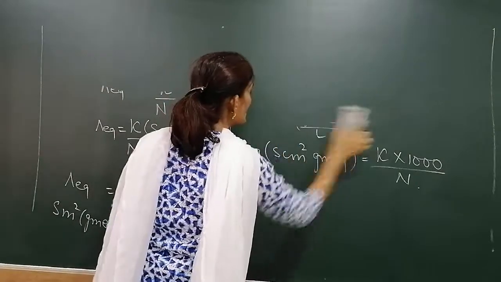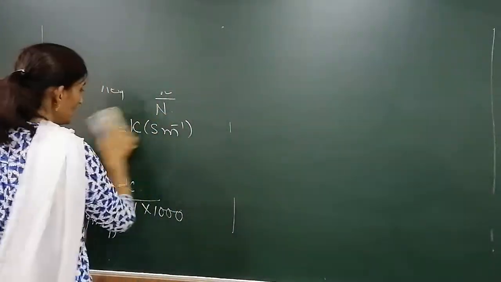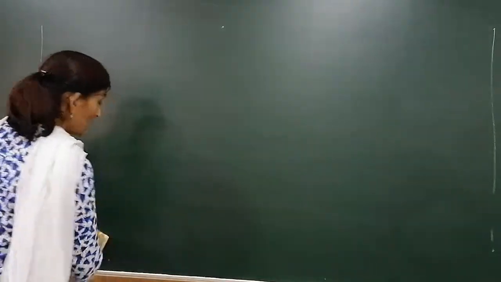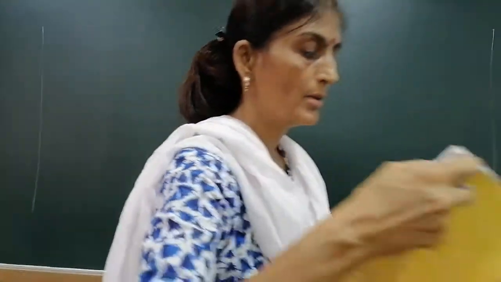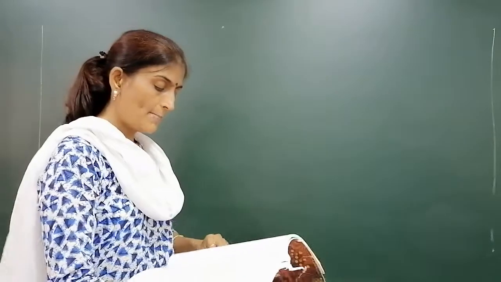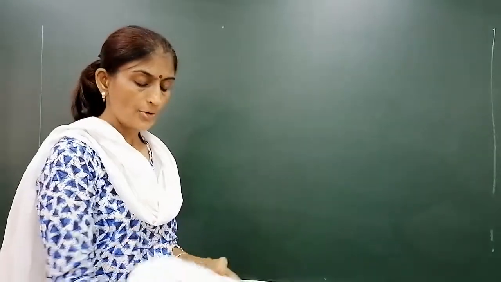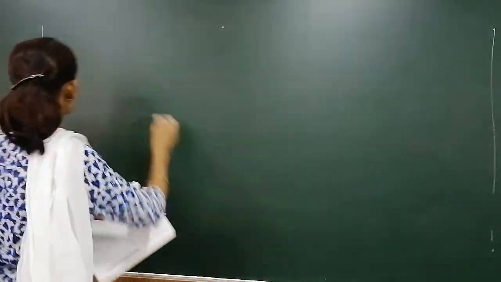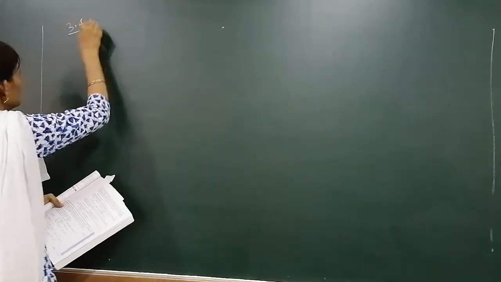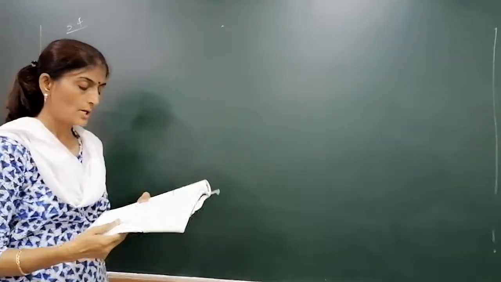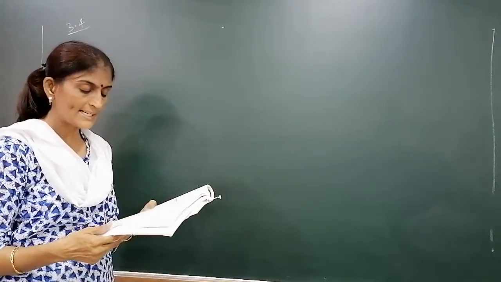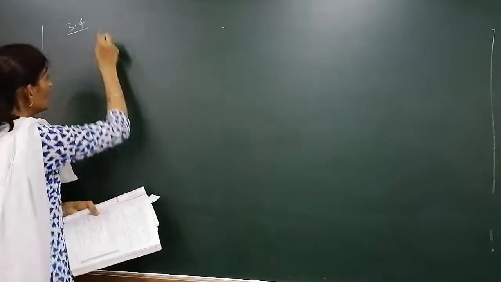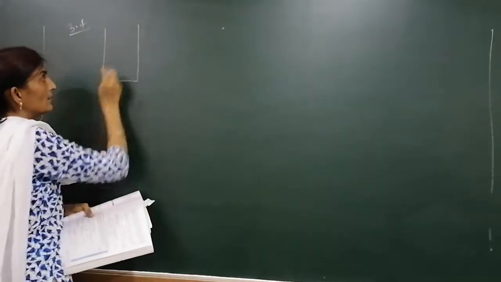Now we'll do one sum on this molar conductance and all. How to use all the formulas, we'll do one sum. One solved example is given, solved example 3.4. Resistance of a conductivity cell filled with 0.1 mole per liter KCl is 100 ohm. One conductivity cell is there.